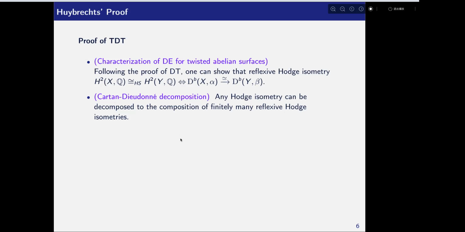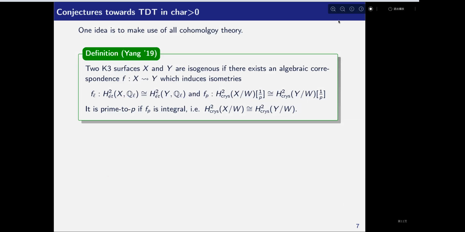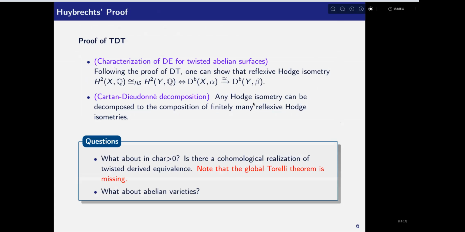We simply decompose an arbitrary rational Hodge isometry into such special Hodge isometries called reflexive, and each step is a derived equivalence between twisted K3 surfaces.